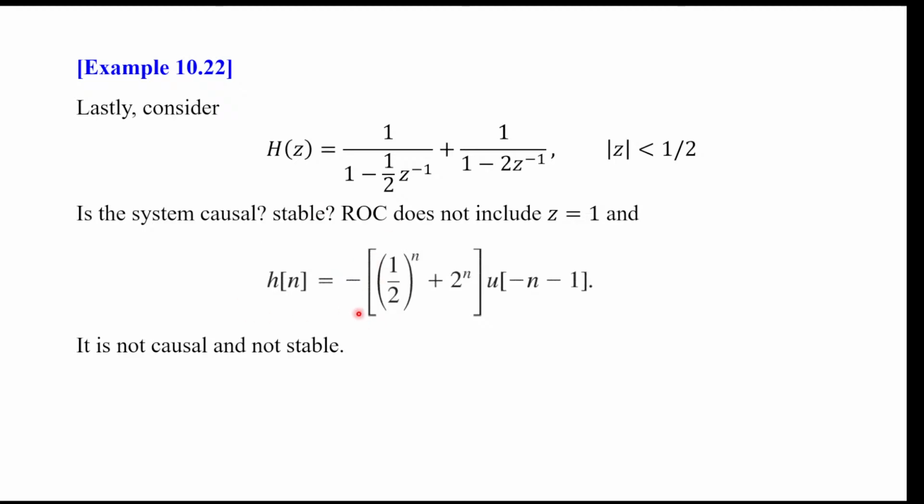We have the inverse transform here, and you see that this is all on the left-hand side. So this is actually called anti-causal, but anyway, it is not causal and also not stable because this 1/2 to the n going to infinity will be exponentially growing.